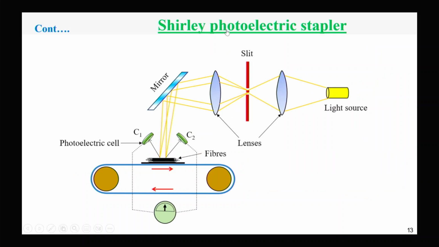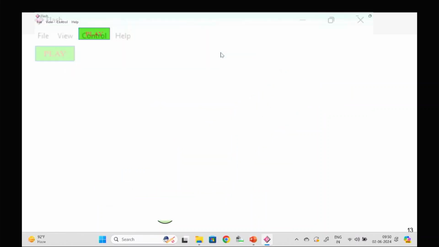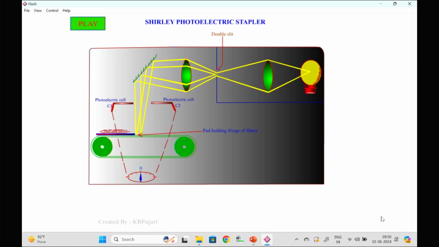Now we can see the animation here. The light source is coming, and the light is split into two parts by a double slit splitter, and then it gets reflected to a mirror and falls on particular points.